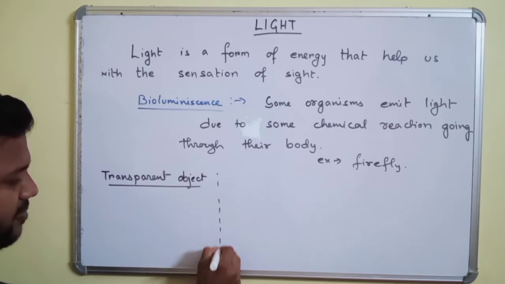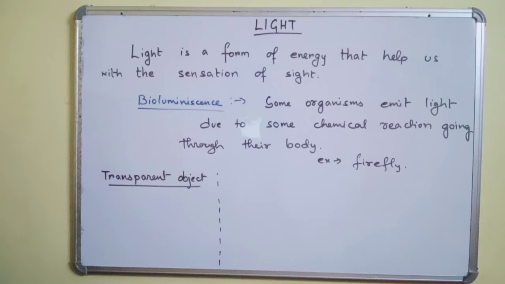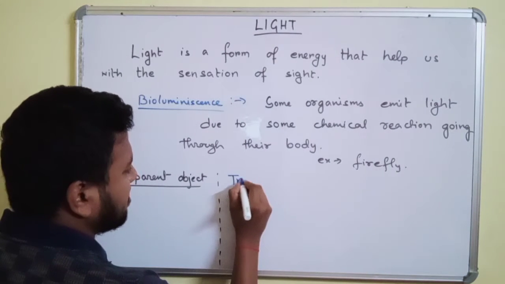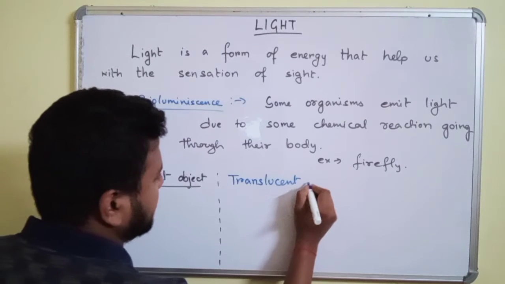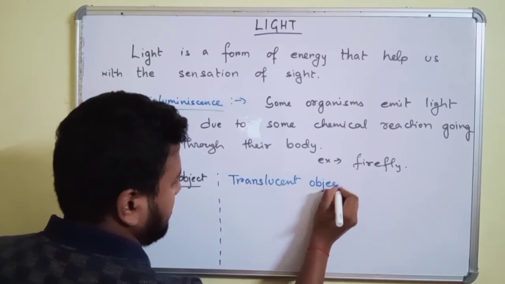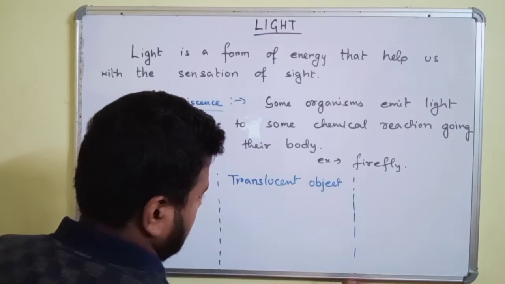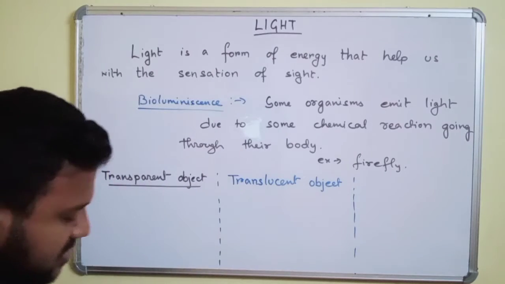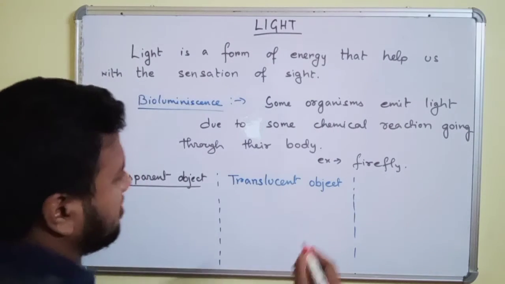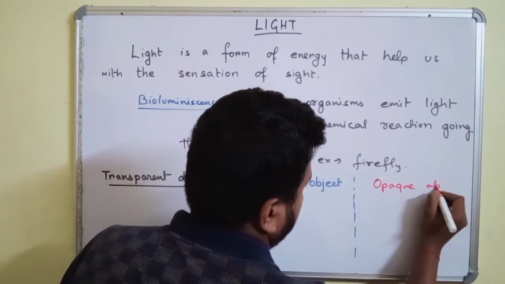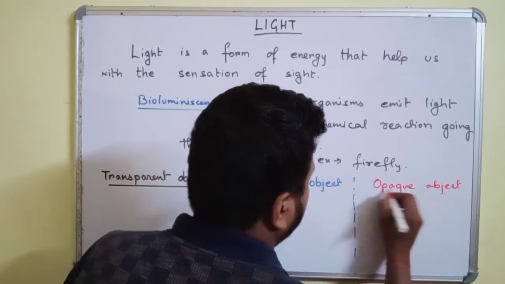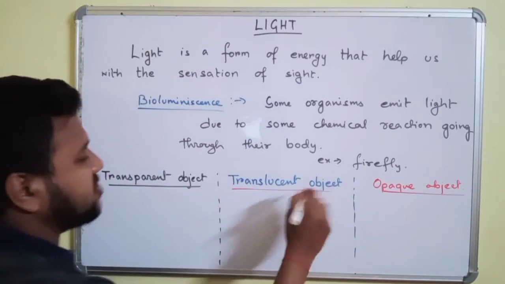You might know it from before. Then we have translucent objects. And then we will come across opaque objects.